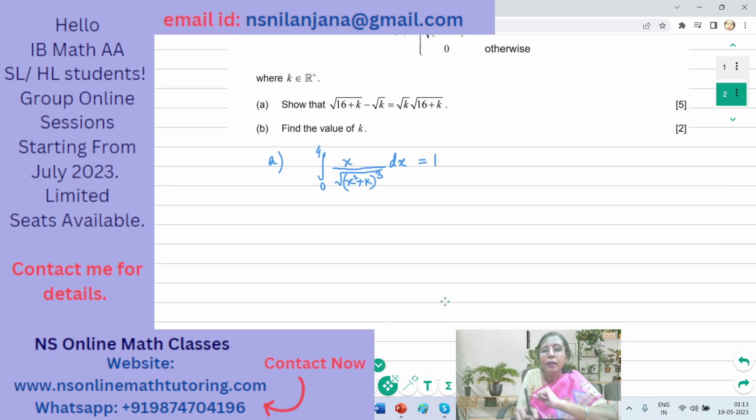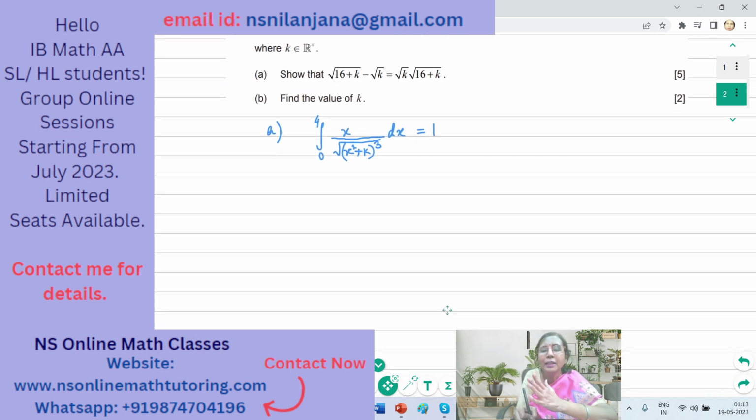Now we have to basically integrate this. How to integrate? We have to substitute. So let t be equal to x squared plus k.